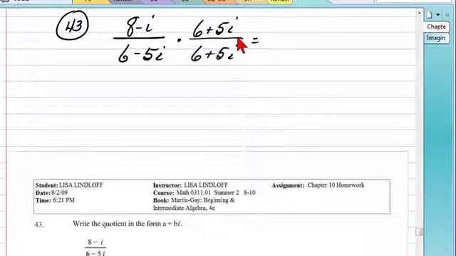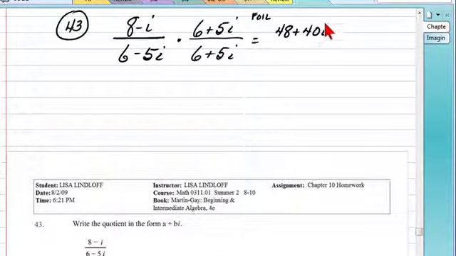FOIL. Okay, so I'm going to use FOIL. Product of the first, 8 times 6 is 48. Outer product, 8 times 5i is 40i. Inner product, negative i times 6 is negative 6i. Product of the last, I have negative i. Yes, I'm just working on the numerator.